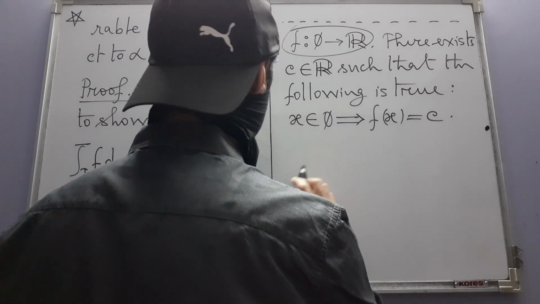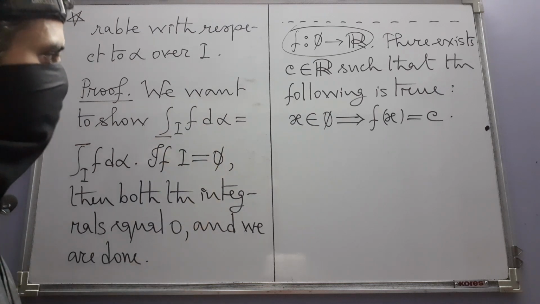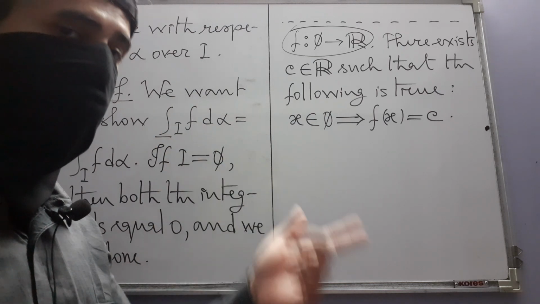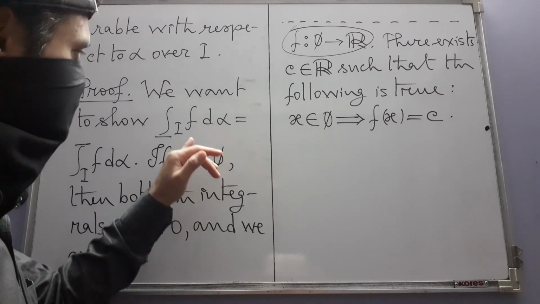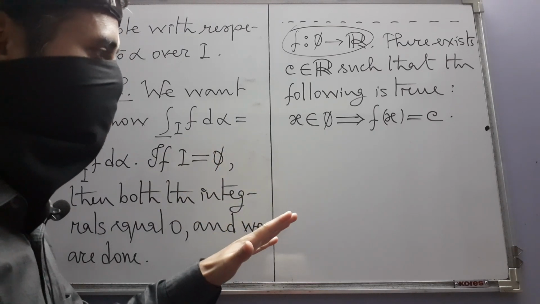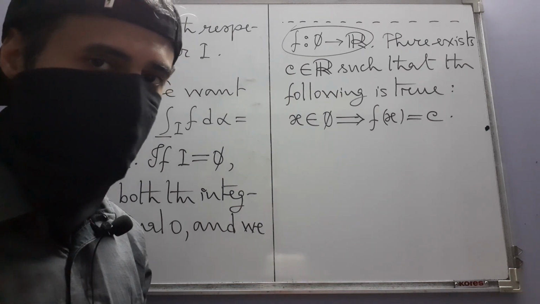Now, if one goes for calculating the lower Riemann-Stieltjes integral from the definition, then what would one do? See, the lower integral involves minorizing piecewise constant functions.